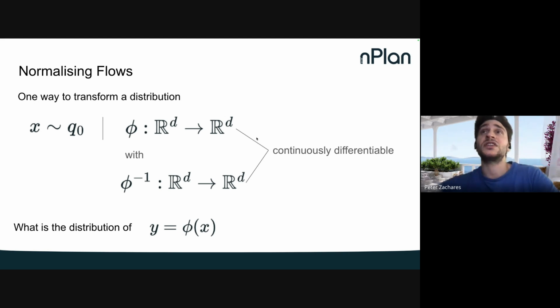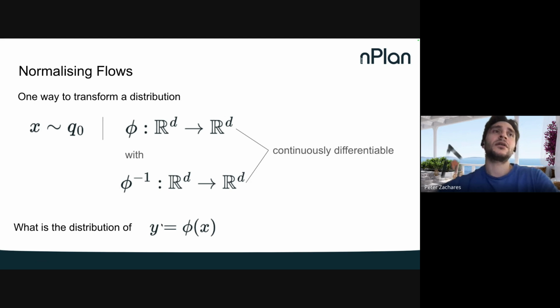That transformation is continuously differentiable, and it has an inverse which is continuously differentiable. The key point is it has to have an inverse and be continuously differentiable, because not all functions have an inverse.